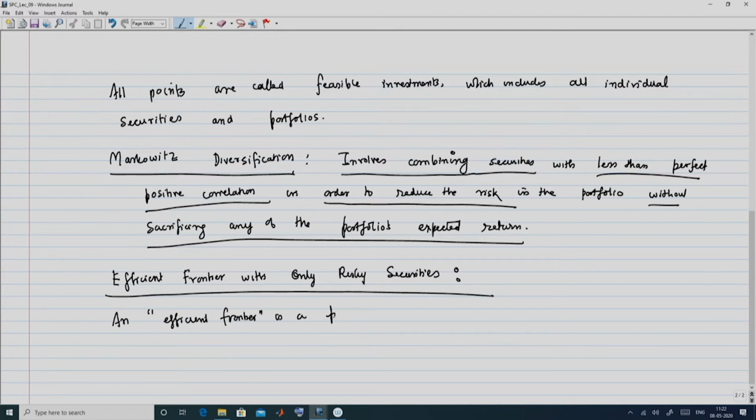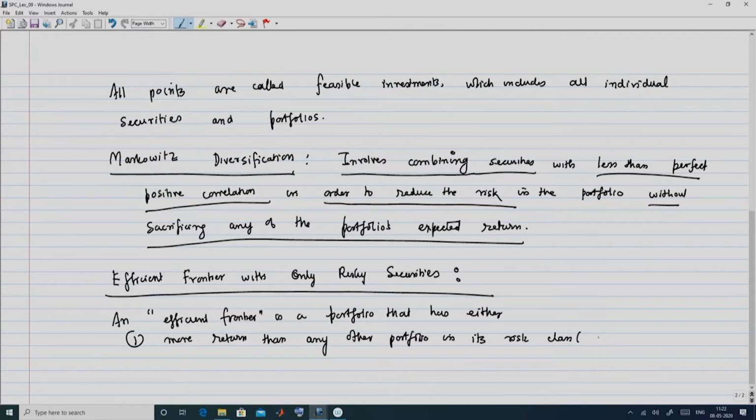as a portfolio that has either of the following, and I will enumerate them: more return than any other portfolio in its risk class. And what do you mean by risk class?